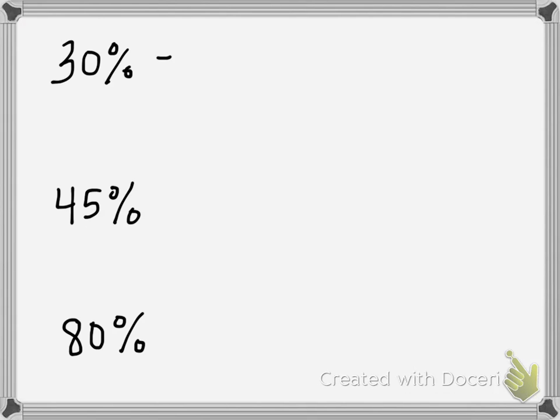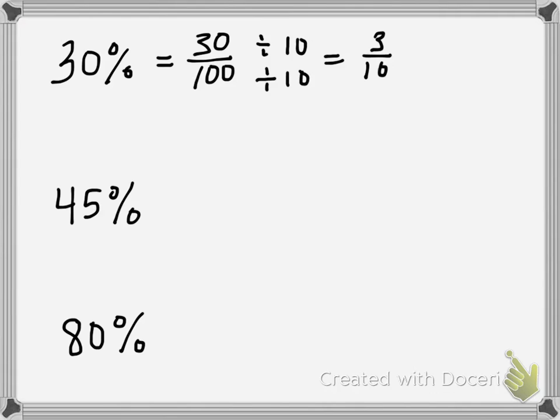So 30%, remember this literally means 30 out of 100. And could this be reduced? Yes. 30 can be divided by 10, and so can 100. So if we divide each of these by 10, I'm going to be left with 3 over 10. And there's 30% reduced to a fraction in lowest terms. How about 45%?